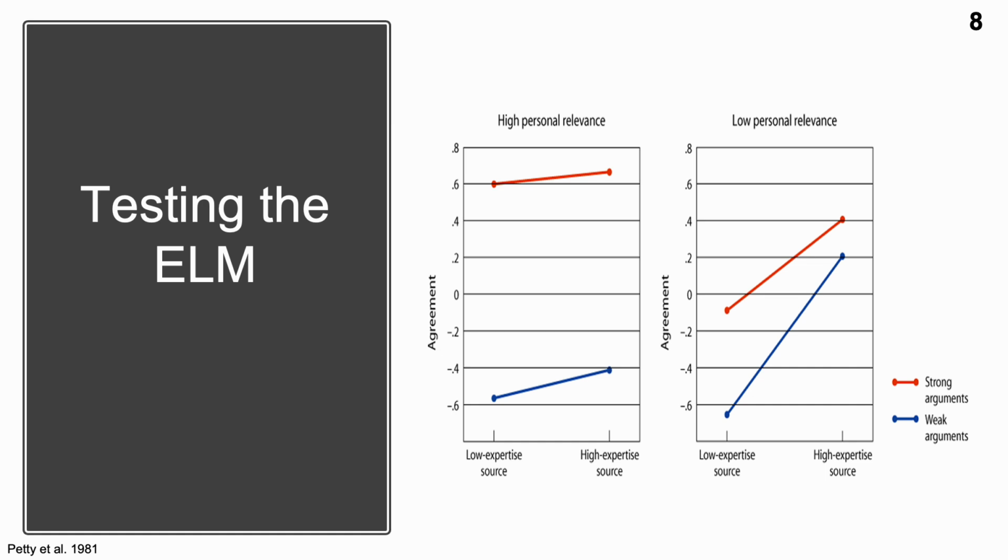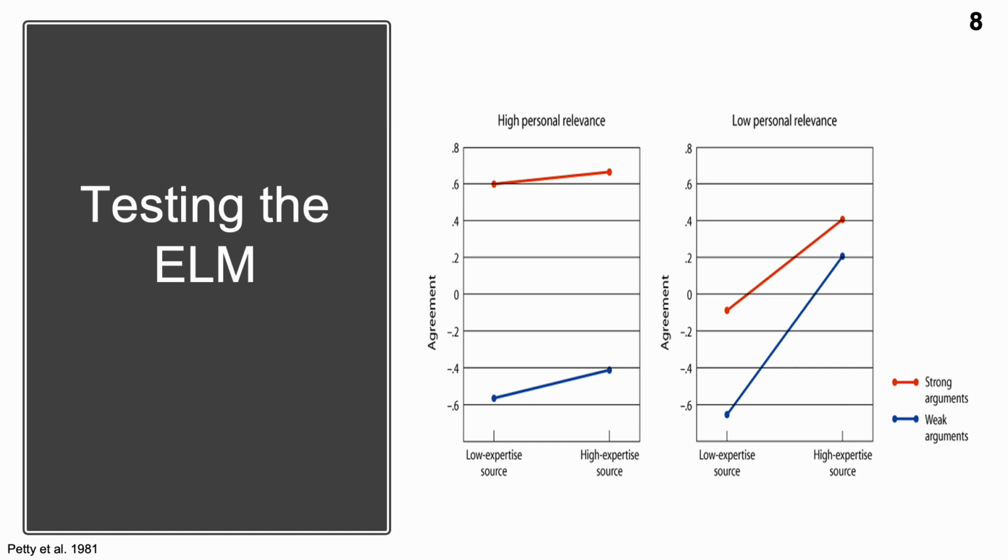We probably did not get a confidence level, a p-value, that's lower than 0.05, meaning we can't say that we're roughly 95% sure that we can trust the data here, right? So basically, again, let me go back. If it's strong arguments and it's highly personally relevant, then frankly, it doesn't really matter that much if it's low or high expertise.